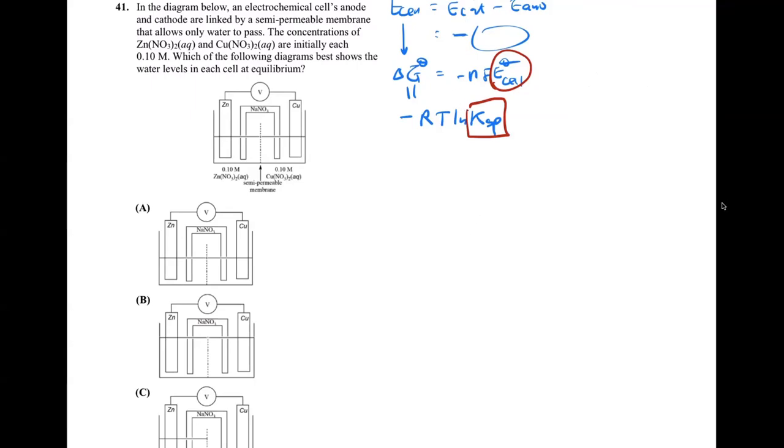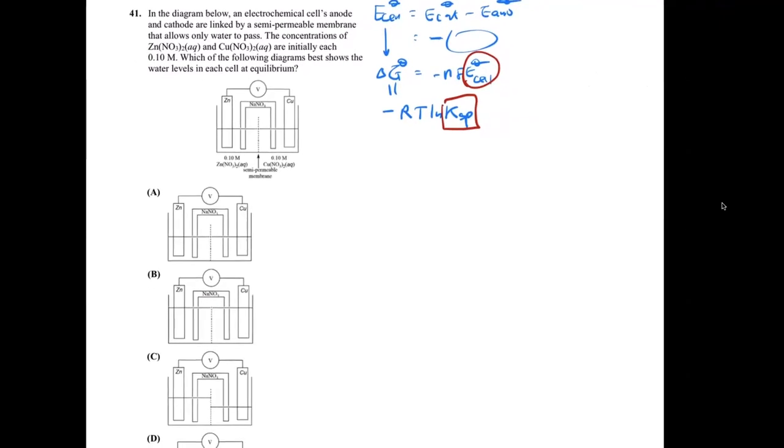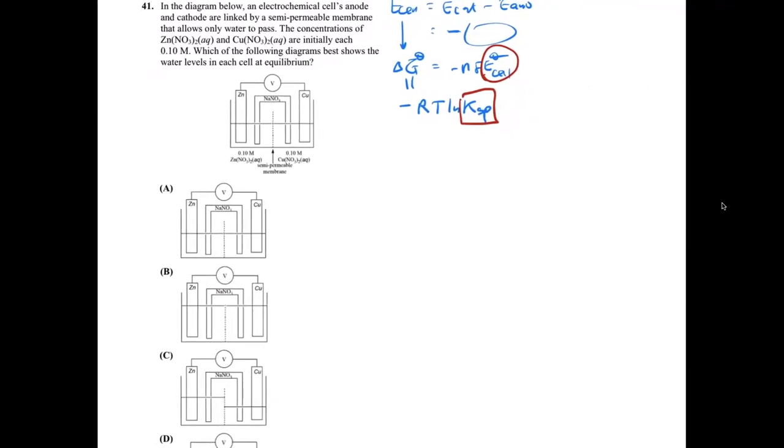So guys, you cannot see option D because I don't want to make it too small. But what you can expect is in D the water level is different, right? The right side is higher, the left side is lower.